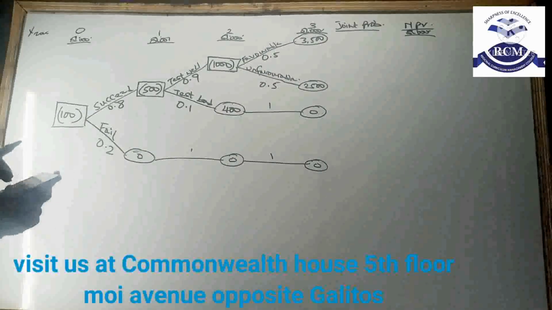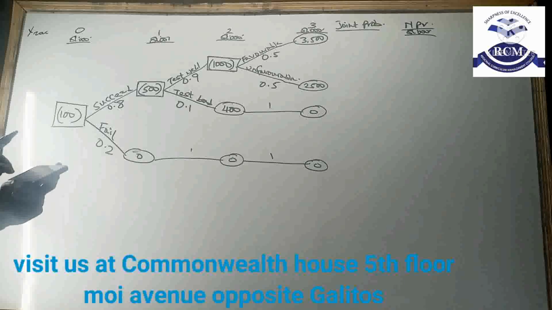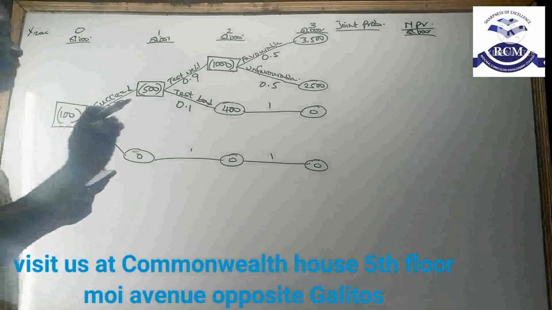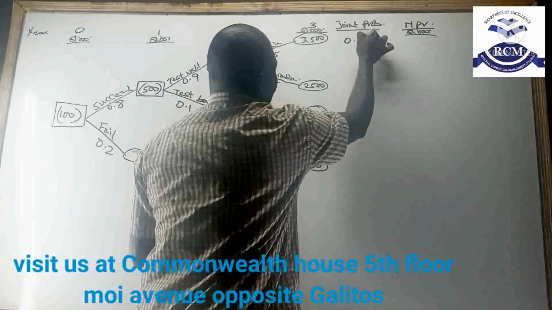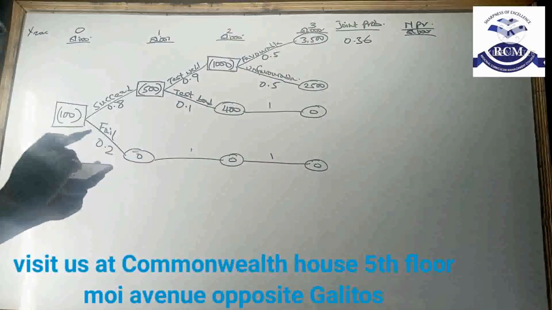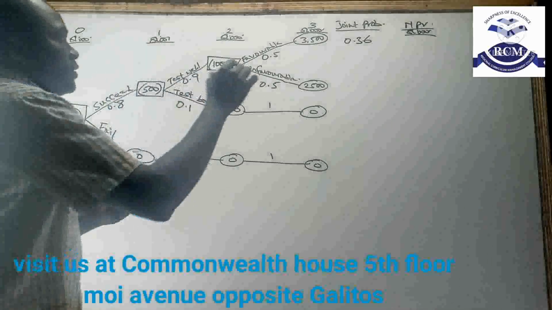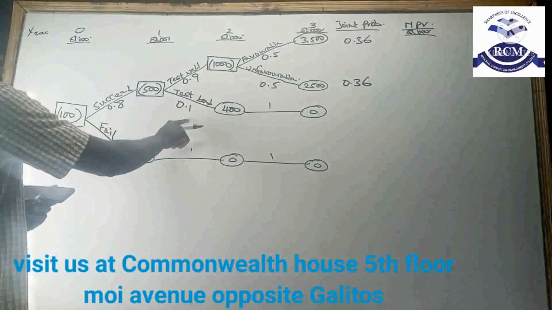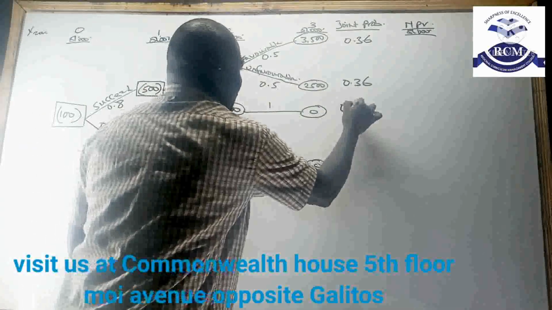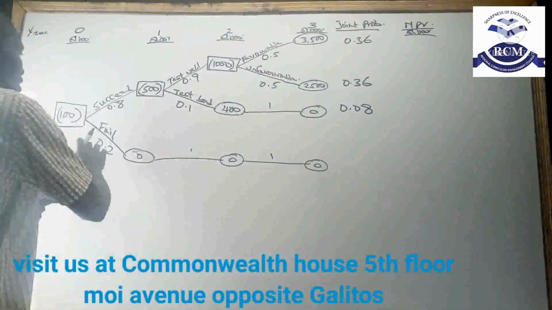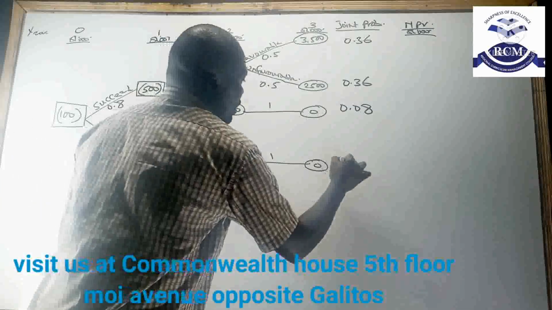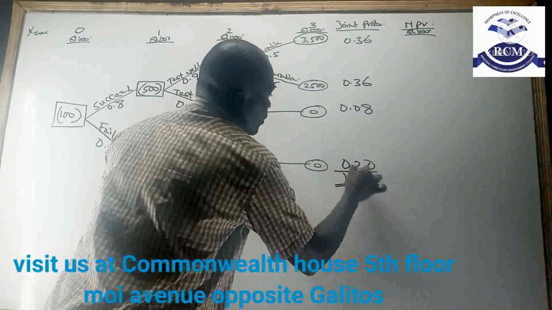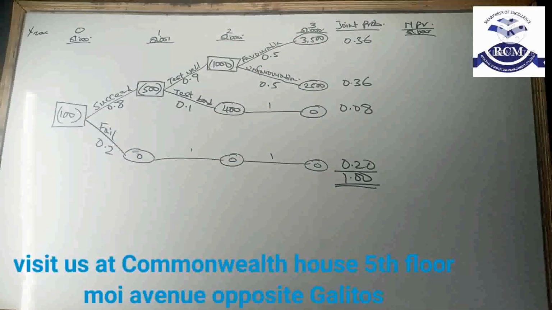Having 0.8 times 0.9 times 0.5, we have 0.36. The other one is 0.8 times 0.9 times 0.5, which is also 0.36. This other one is 0.8 times 0.1 times 1, which is 0.08. And this other one, 0.2 times 1 times 1, I'm having 0.20. The total should always be 1.